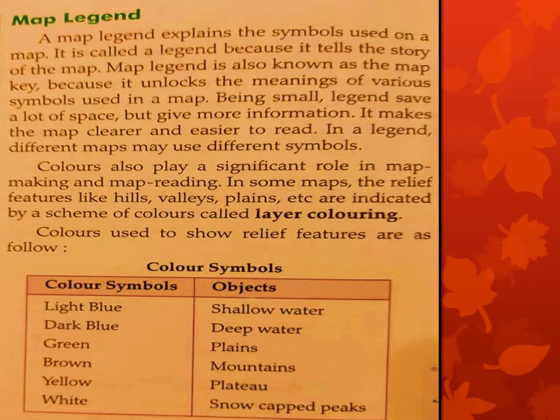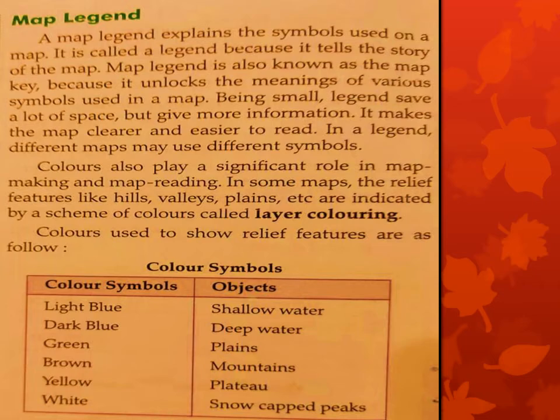Now in a legend, different maps may use different symbols. Colors also play a very important role in map making or map reading. In some maps, the relief features like hills, valleys, plains, etc. are indicated by a scheme of colors called layer coloring.